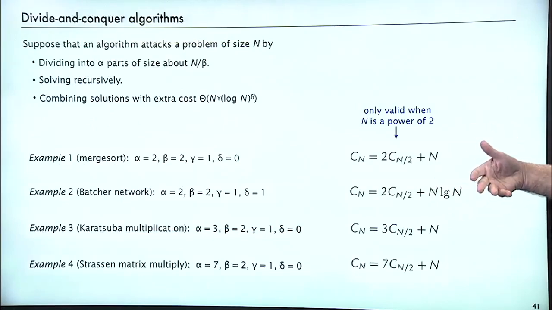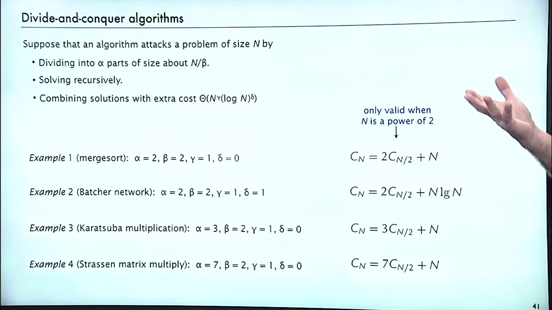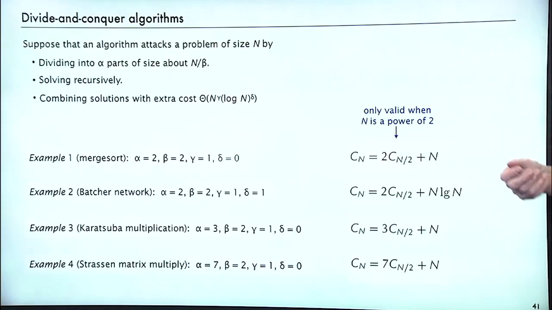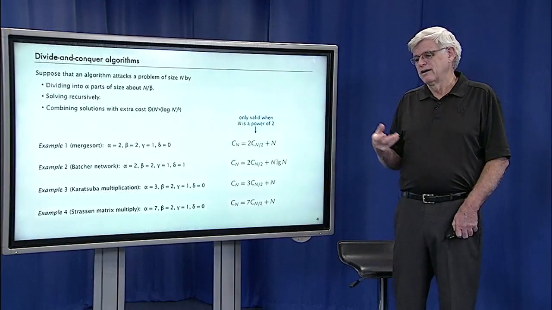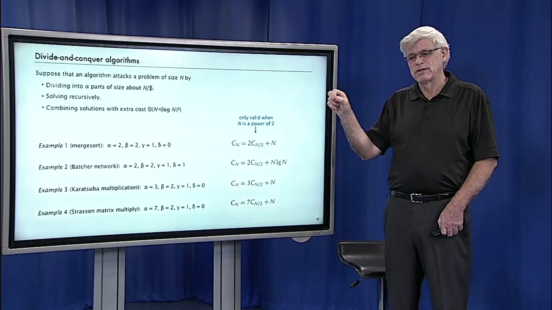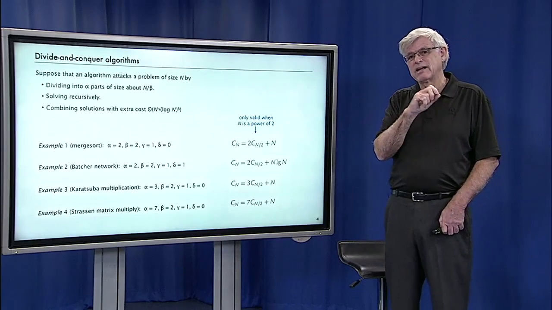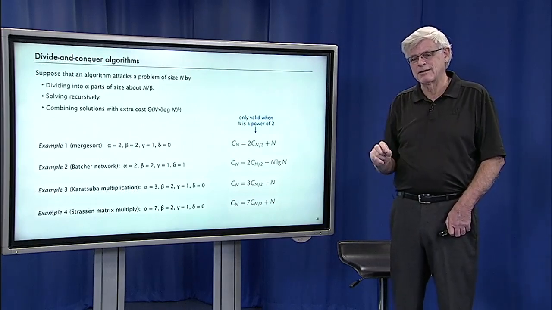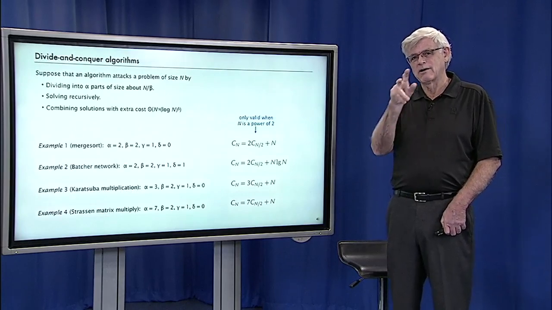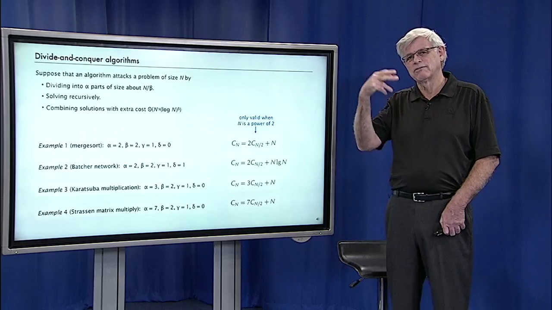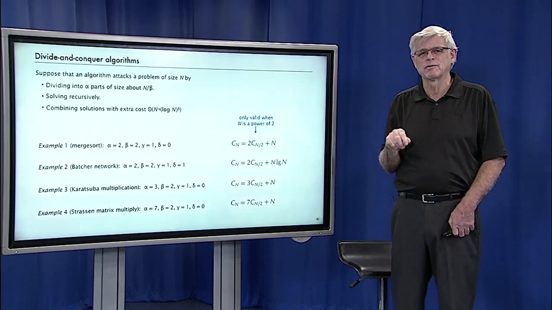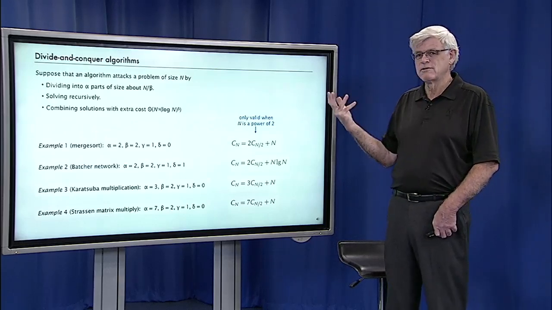And a related one that's also very famous is the Strassen matrix multiplication algorithm. With matrix multiplication, you have two n by n matrices that you want to multiply together to get an n by n result. It seemed that for every entry in the result, you needed a dot product of a row and a column, which is going to require n multiplications for each of the n squared entries in the result, which would be n cubed.